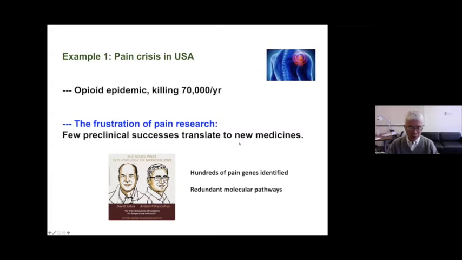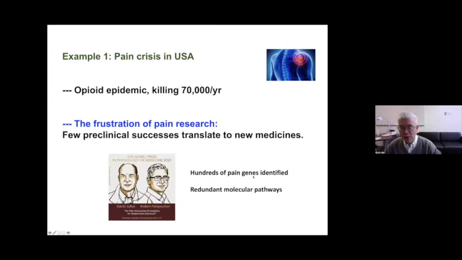Even last year, David Julius and Ardem Patapoutian won the Nobel Prize for discovering the sensory channel receptors detecting temperature or touch. David's work in 1997, when he cloned the capsaicin receptor, really opened up the molecular era for the pain field.